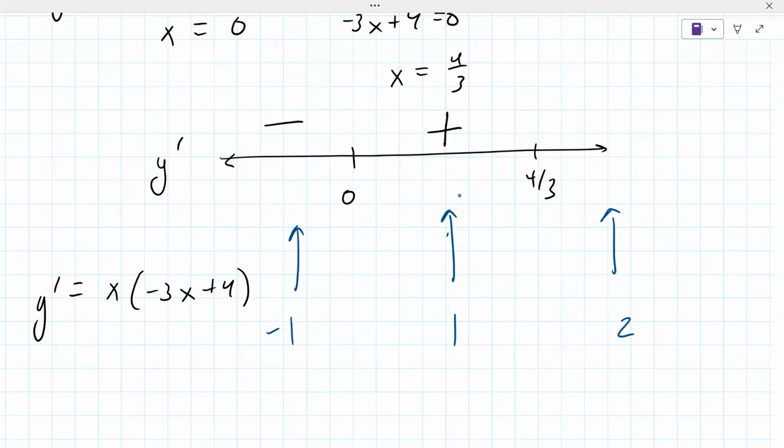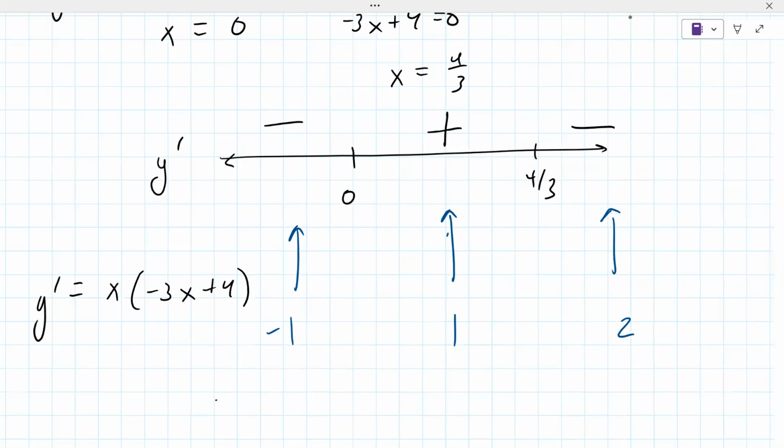Good. And then the two would be negative. Now it does not always alternate. The couple we've done have alternated. It does for polynomials for the most part, but not as general. So just always test your points.